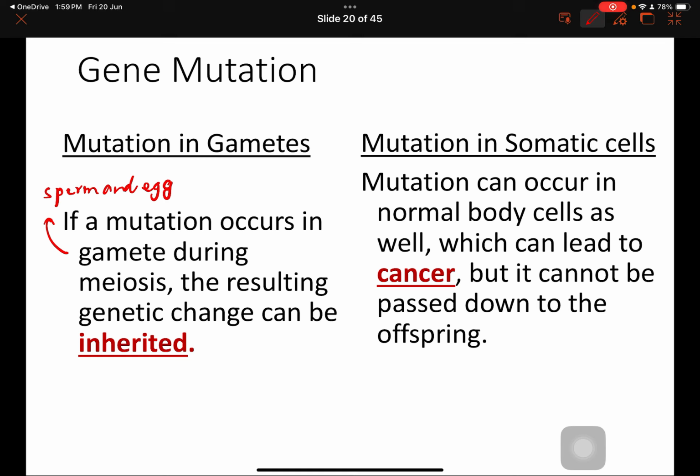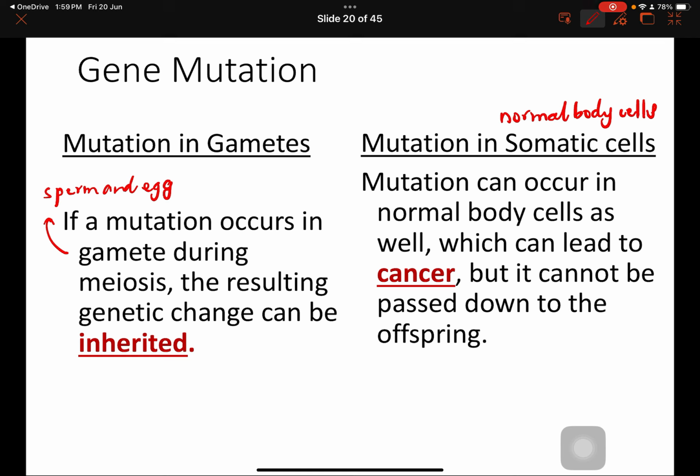In genetic mutation, it can also occur in somatic cells. Simply put, somatic cells are your normal body cells. So this could happen to other genetic materials in your body. And this sometimes may lead to cancer, and it only affects the individual itself.